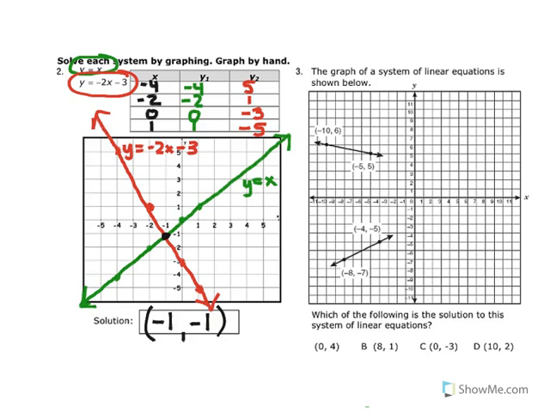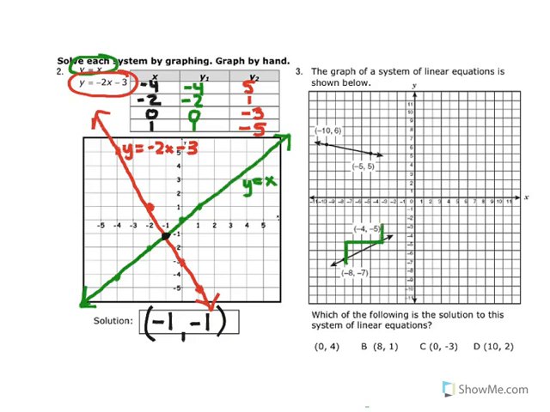Okay, on the next one, it says, which of the following is a solution to this system of linear equations? Well, on this one, it's maybe a little more challenging because we're going to have to figure out the slope of these lines. So I'm just going to use rise over run, and I can see that it's going up 2 and then over 4, or up 1 and over 2. So it has a slope of 1/2.